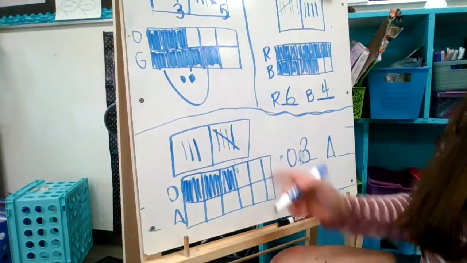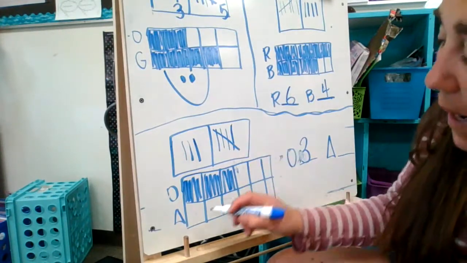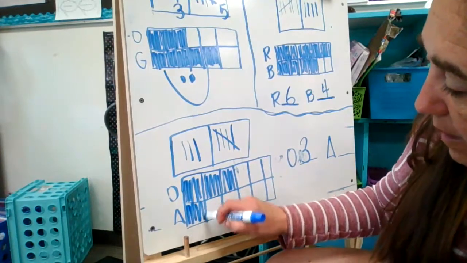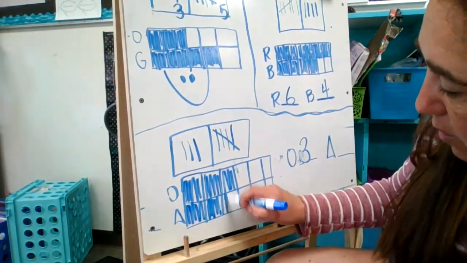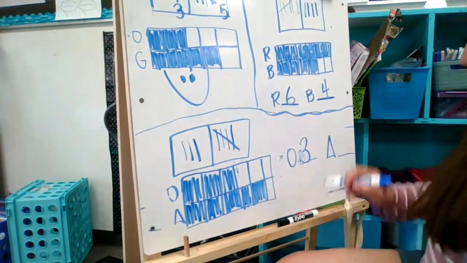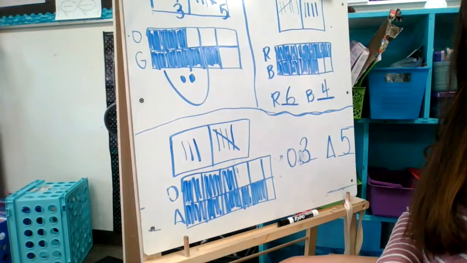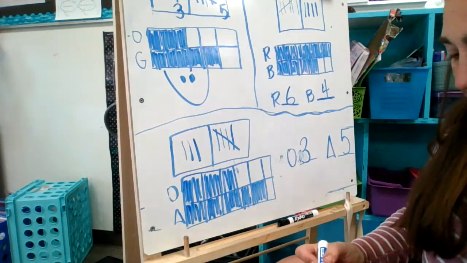Good. And then our triangles, if you know what this shows, it shows 5. Right, so let's show 5. 1, 2, 3, 4, 5. Awesome. There you go. How great is that?